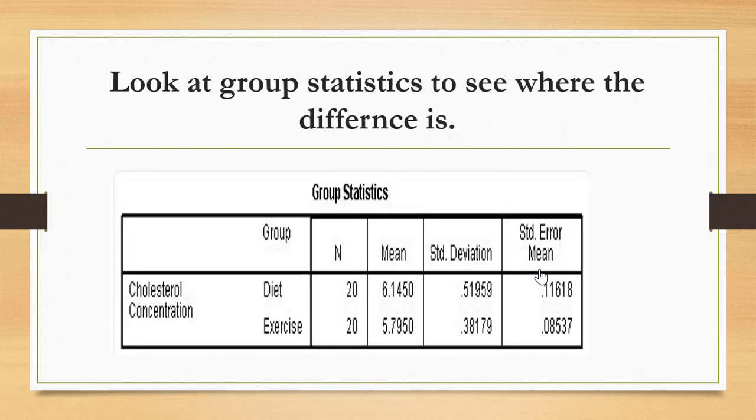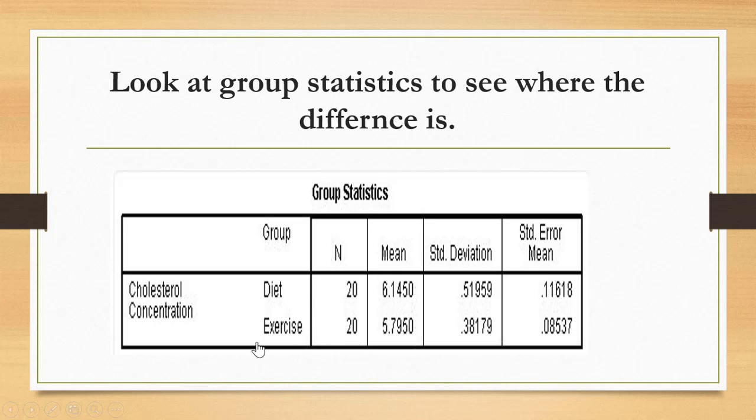And we can look at group statistics to see where the difference is exactly. So we have the mean of the cholesterol concentration, by using a diet or exercise. Here diet has a mean of 6.1, and exercise has a mean of 5.7.